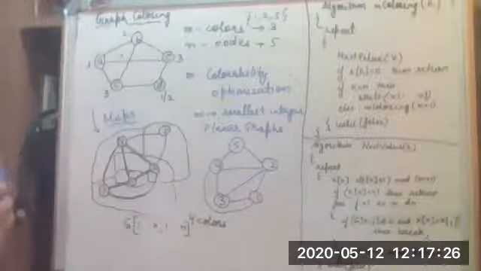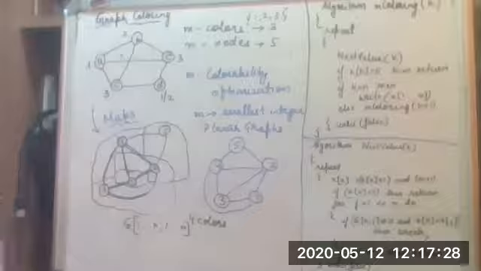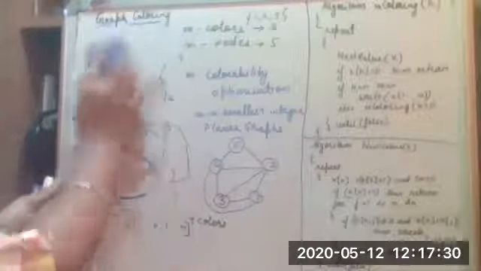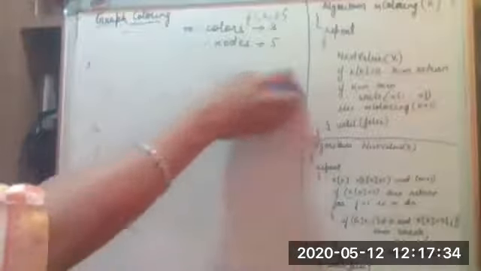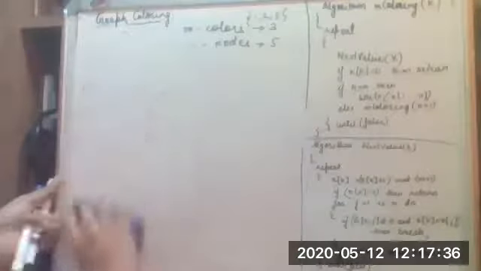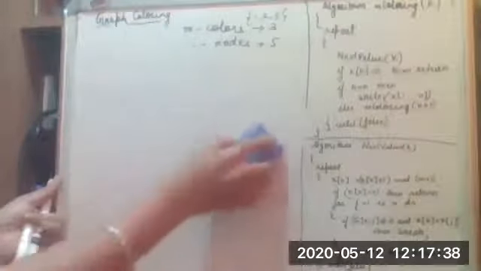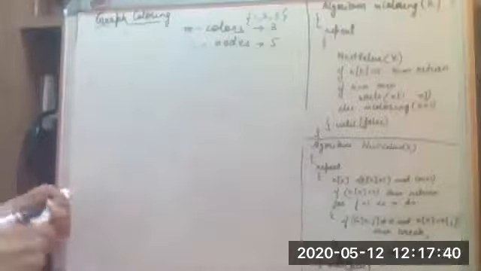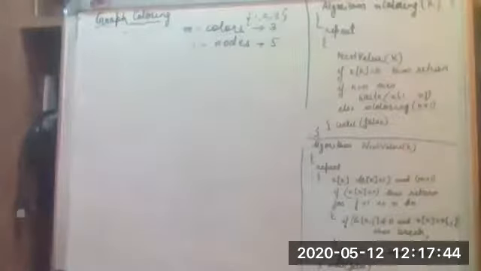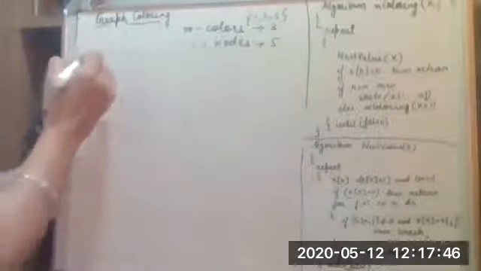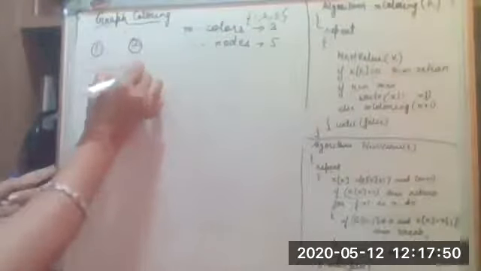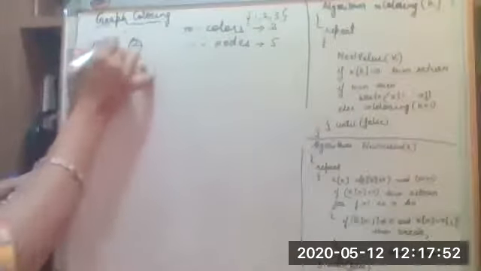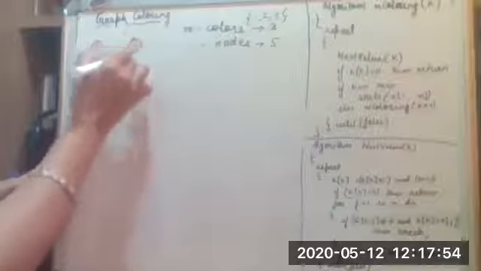So let me take a smaller tree to depict that. Let's say we have a very small tree with 4 vertices and a minimum number of edges into that.